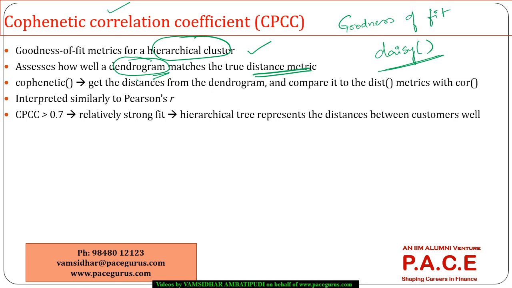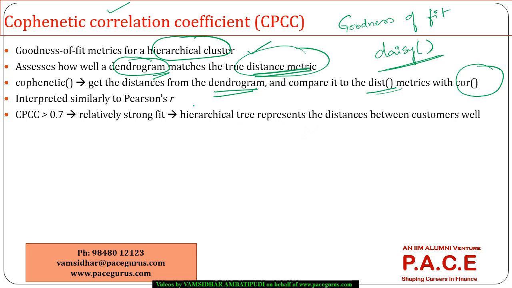Now, based on the dendrogram, we are trying to see to what extent it matches the true distance metric that we have computed. And this we can easily compute using a function called cophenetic. It gets the distances from the dendrogram and compares them to the distances we got through the daisy function, using the correlation between them.